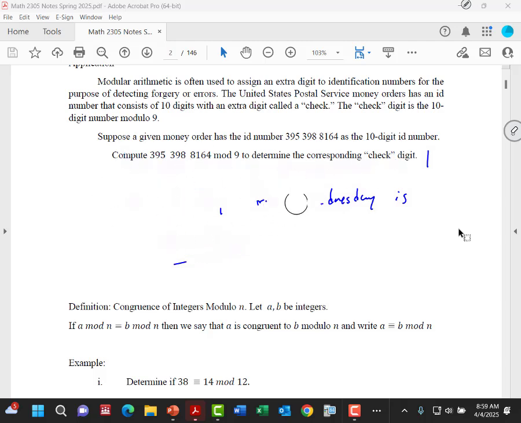So suppose a given money order has the following ID number as its 10-digit ID number. And the check digit is computed mod 9. So if I compute this ID number, 395,398,8164 mod 9, I get a remainder of 2.